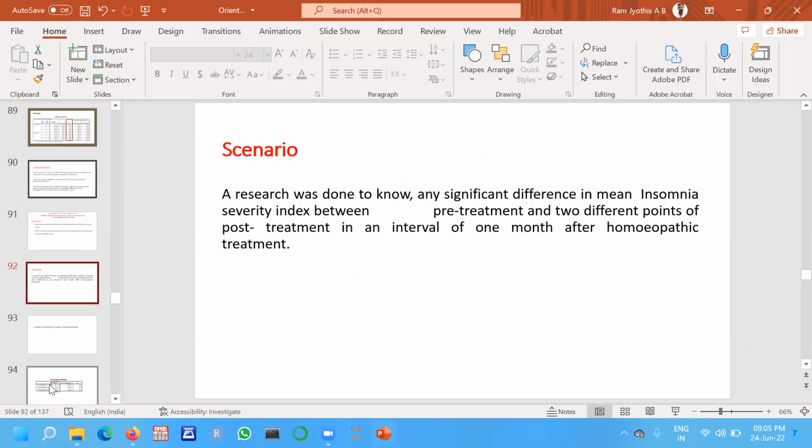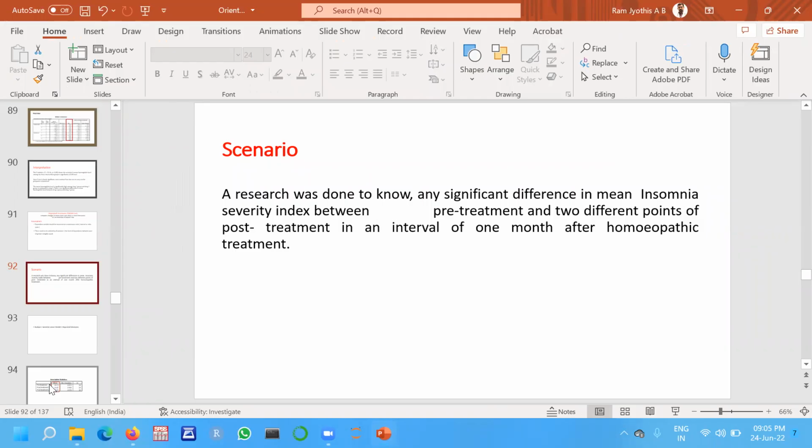Now the scenario. So what is the scenario? A research was done to know any significant differences in mean insomnia severity index between pre-treatment and 2 different points of post-treatment, at an interval of 1 month, after homeopathic treatment. So here, what is the research? You are comparing the sleep pattern, the insomnia severity index.